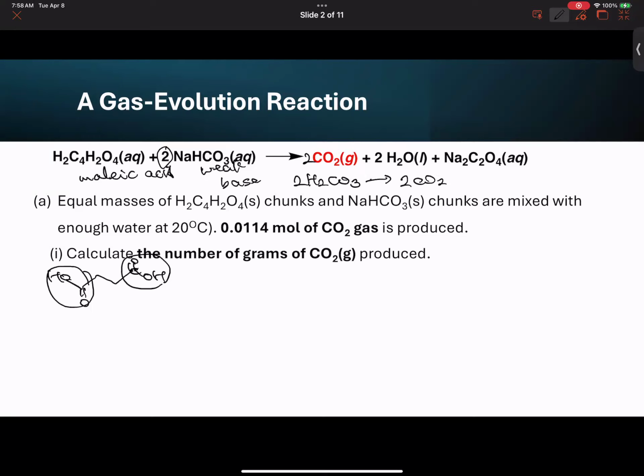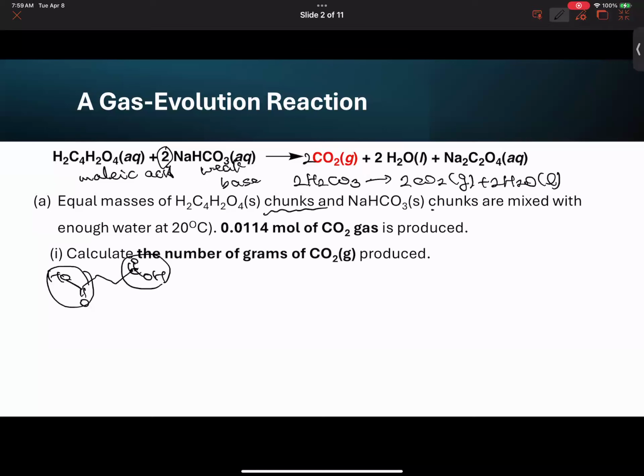Here I need to write 2, and water, 2 moles of water. That's what we see, and sodium maleate is the salt.